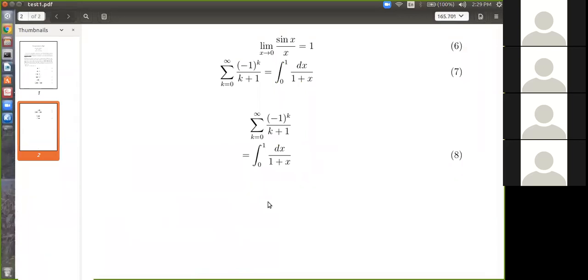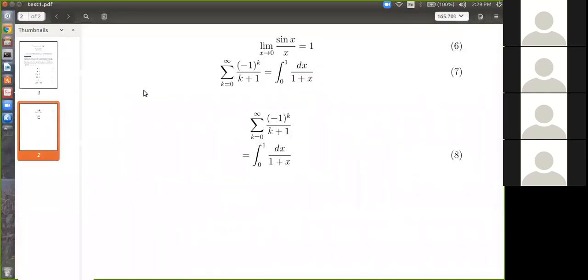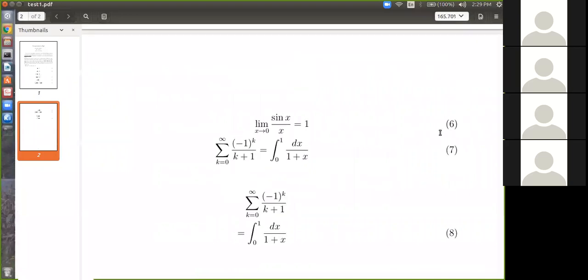Okay, and one more last thing is how to adjust the position. Say for equation 6 and 7, you can see equation 6 and 7. They are placed in a manner that the ends of the two equations are in the same position, right?